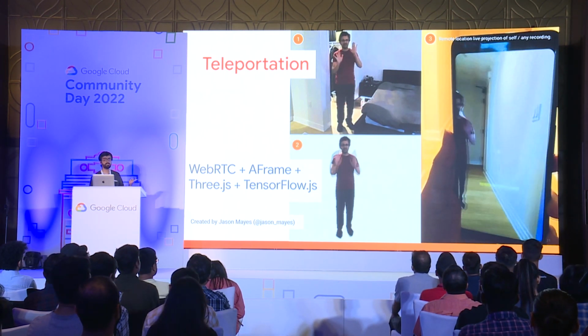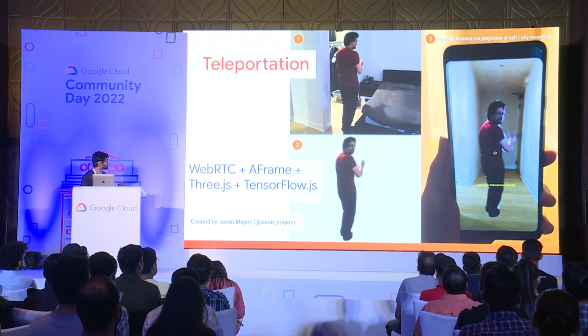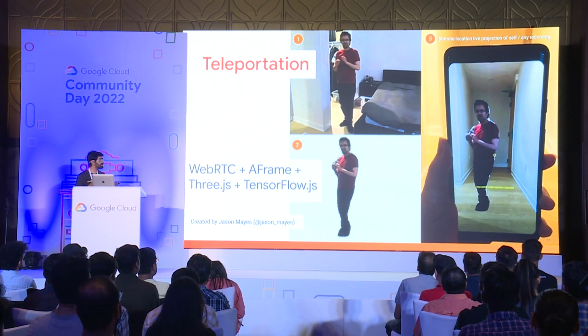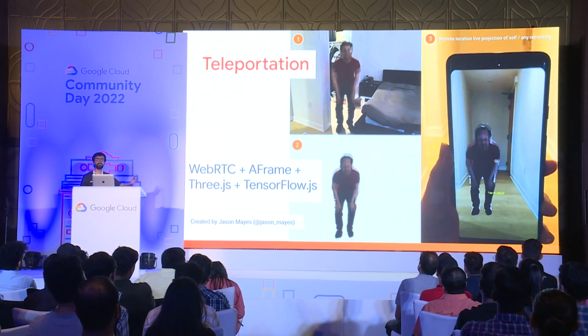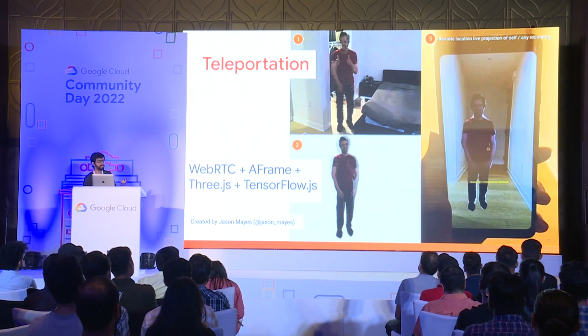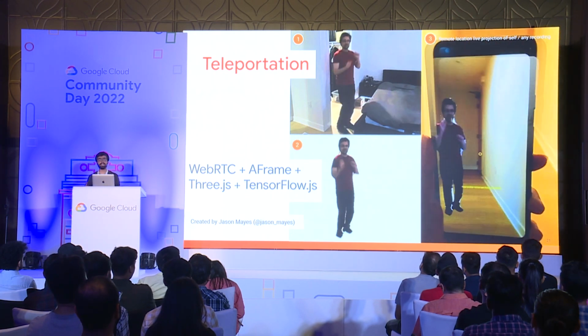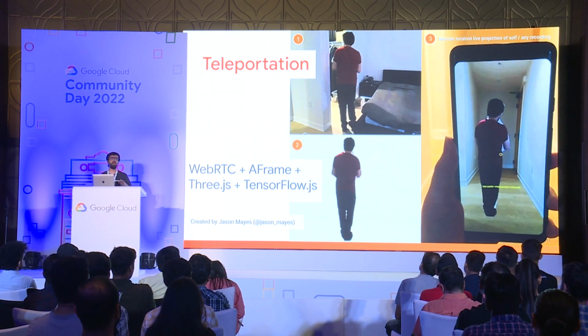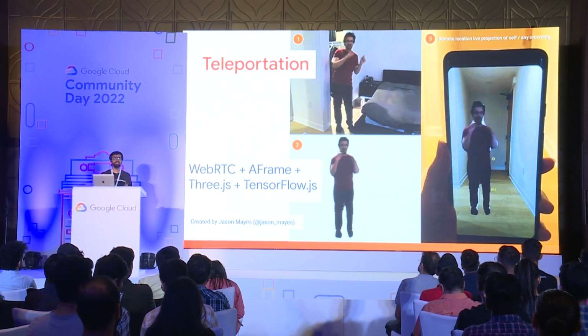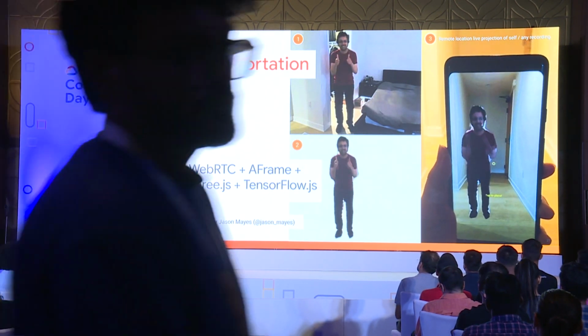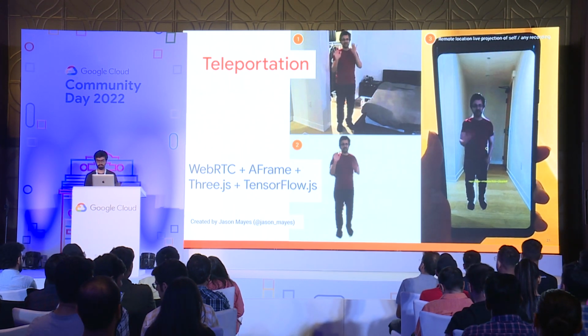And then A-Frame is used for augmented reality in JavaScript, and Three.js is for 3D modeling, and TensorFlowJS. So you can see that what he did was he created a real-time teleportation of himself. And what it just shows is that you can combine machine learning in JavaScript with such a large pool of NPM modules or libraries that allow you to actually do things like these within JavaScript.